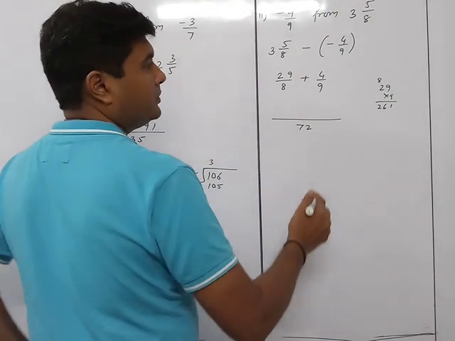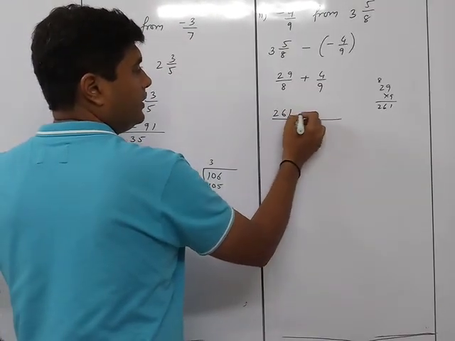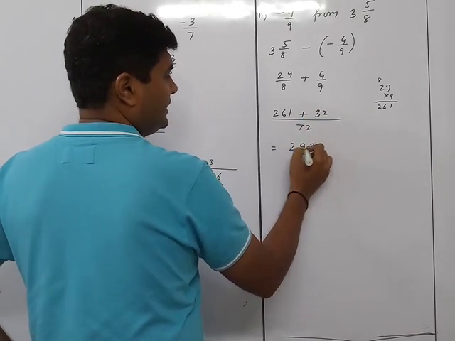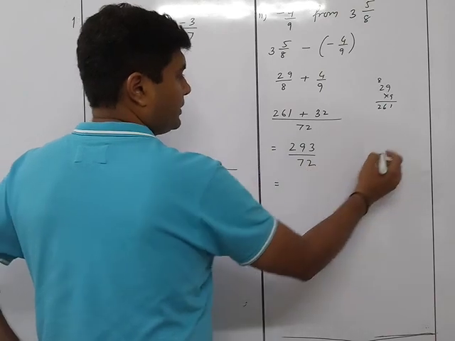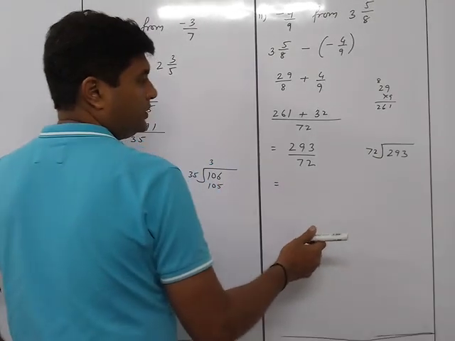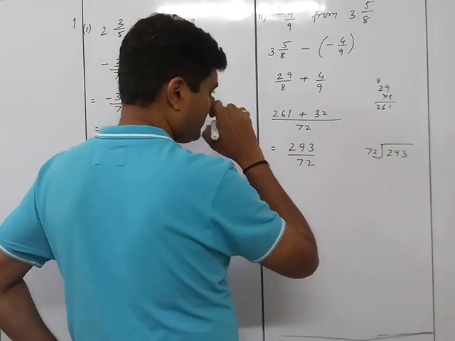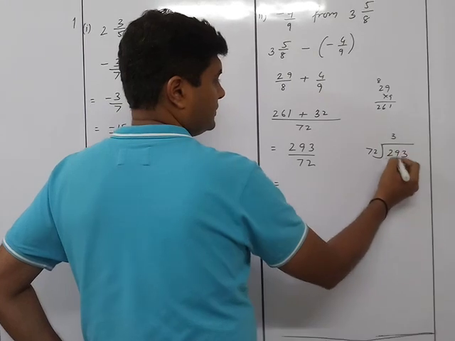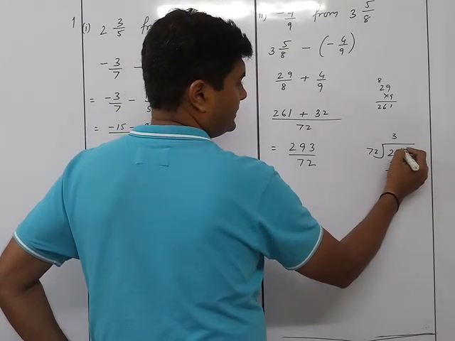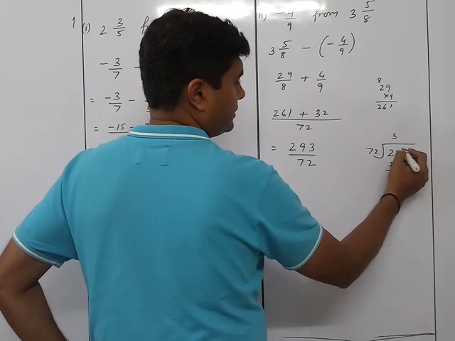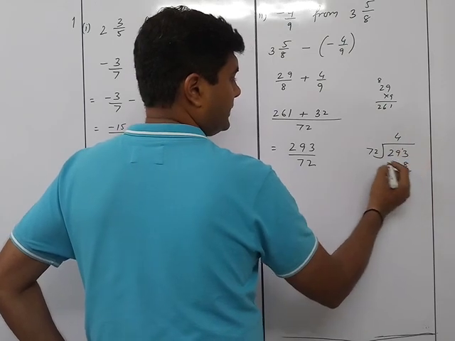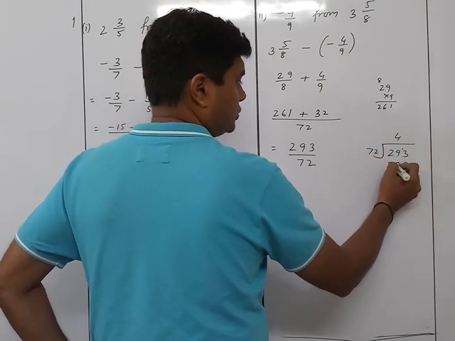Okay. So 261 plus 32, that makes it 293 upon 72. Dividing it, we get 293 by 72. 72 into 4 is 288.